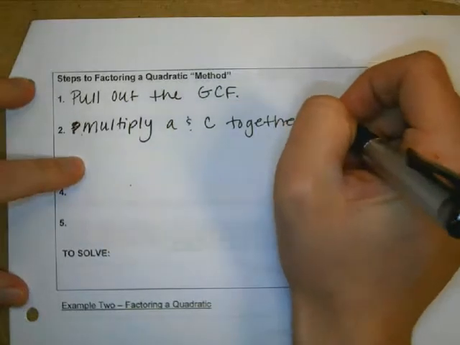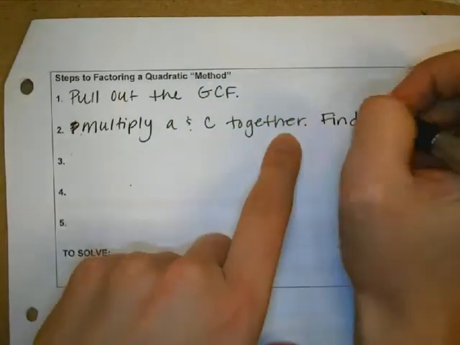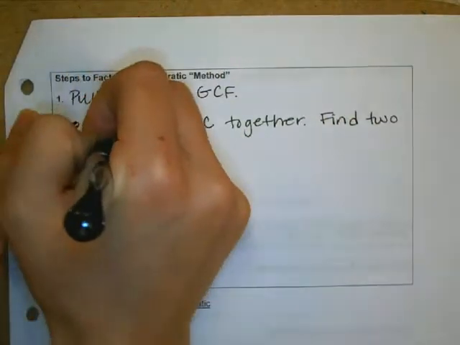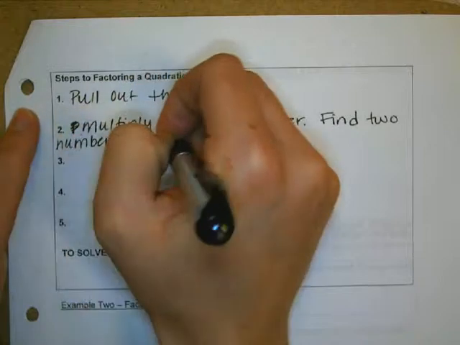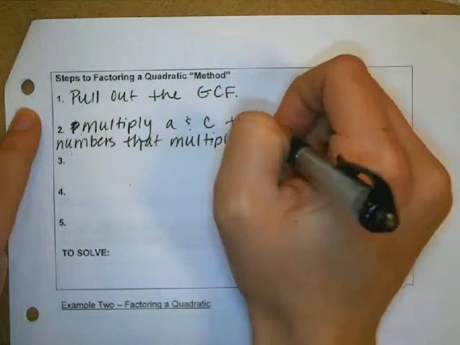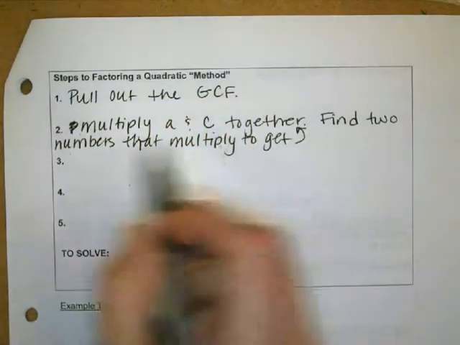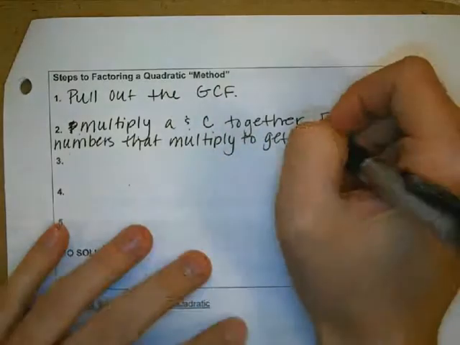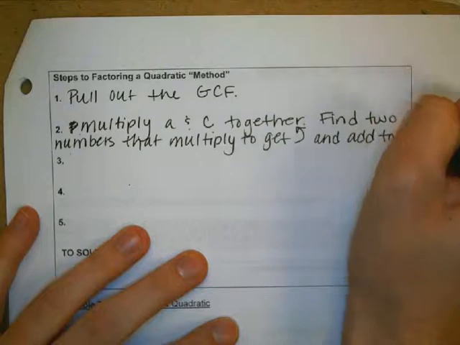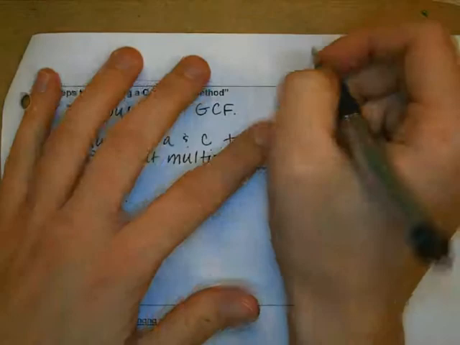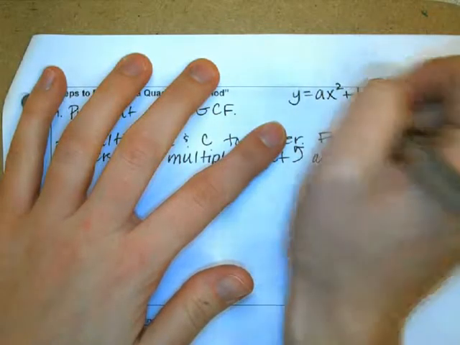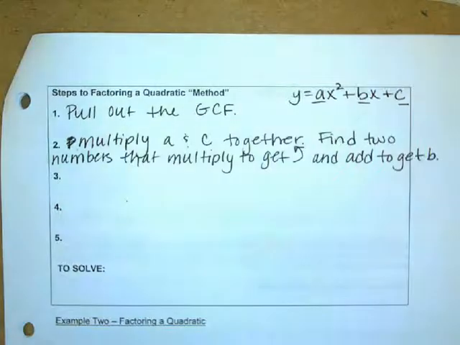And then whatever that product is, find two numbers that multiply to get whatever that is, and add to get B. Now, the A, the B, and the C are all coming from your standard form, just so you know.